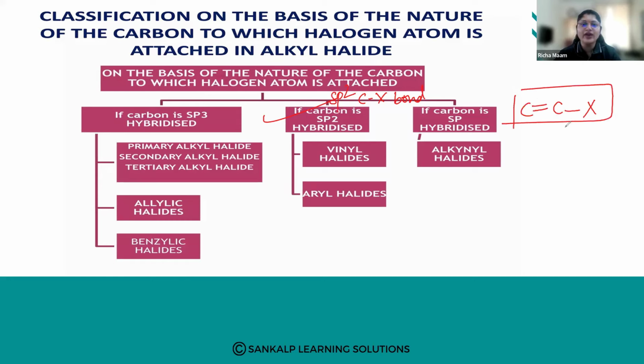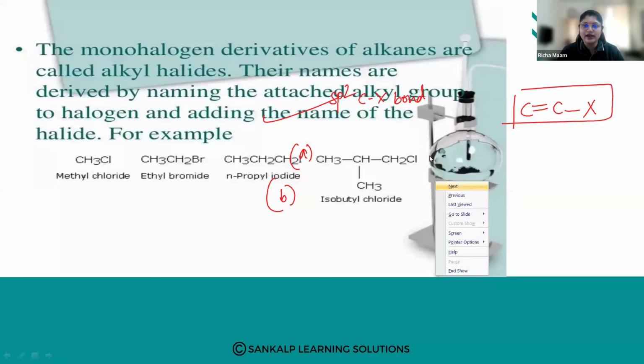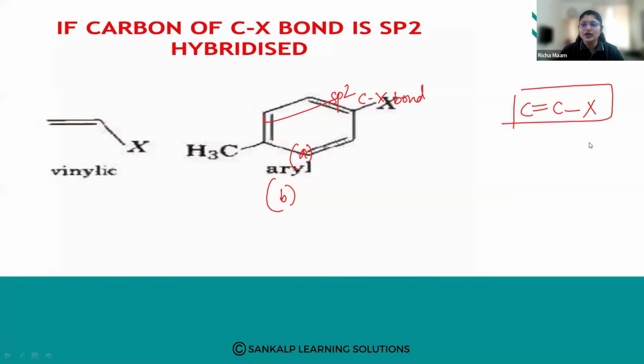When you have such a nature of carbon atom to which the halogen is bonded, these are further classified as vinylic halides and aryl halides. So there are two classifications. Please note this down: vinylic halides and aryl halides. We'll see what are vinylic halides and what are aryl halides. These are the examples of vinylic halides and aryl halides.